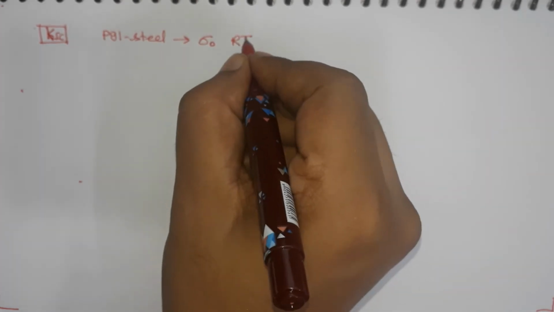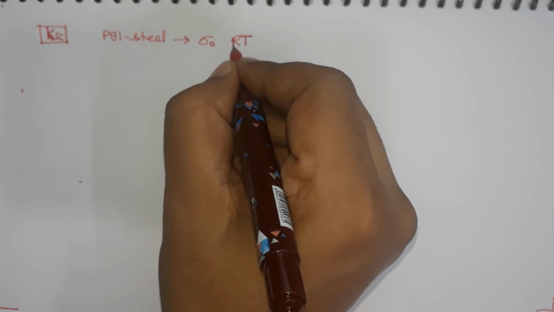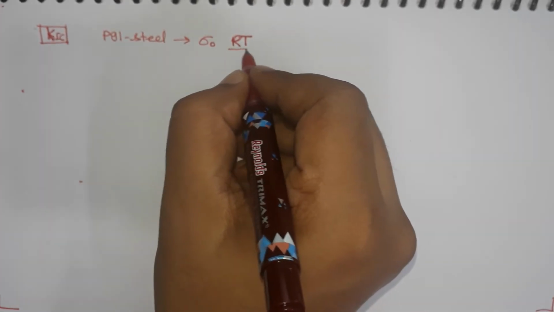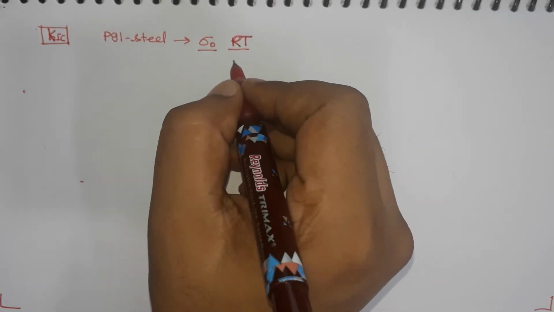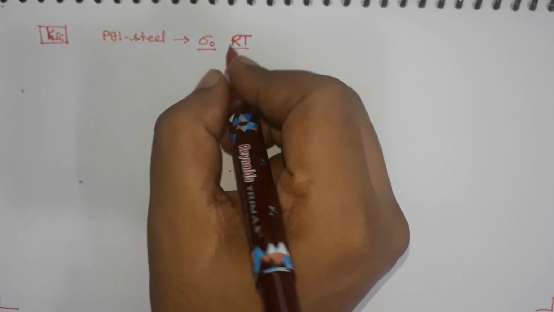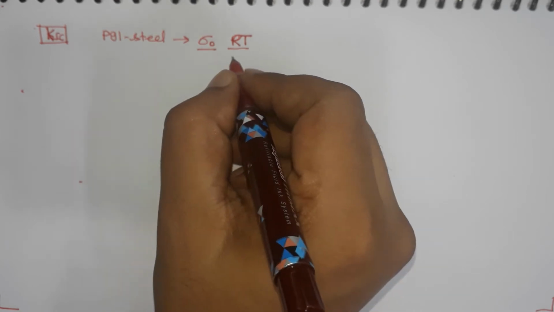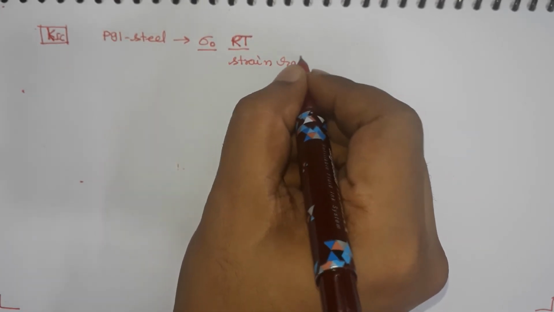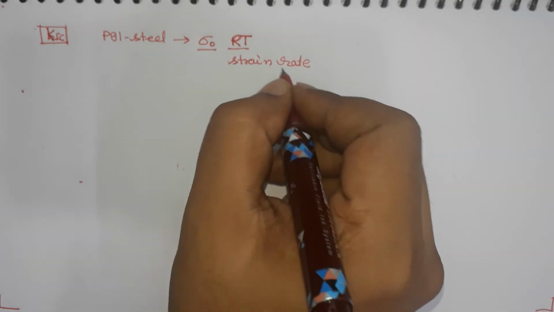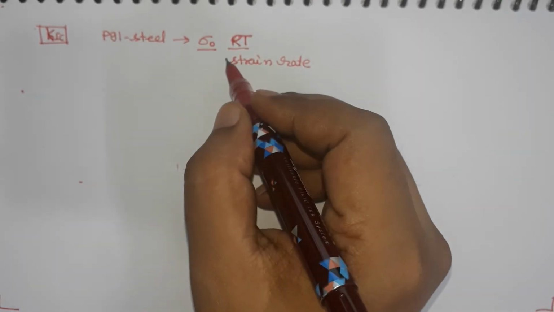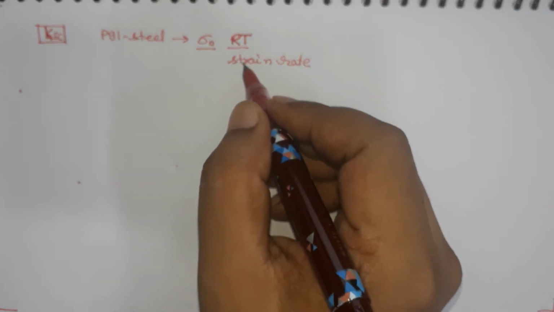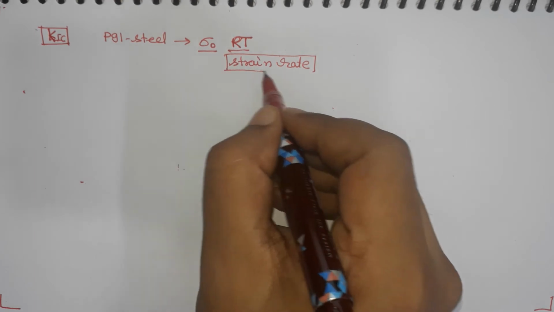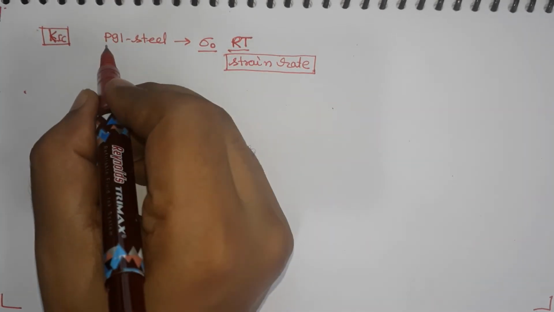Of course, there are some parameters which if you change, these properties will change. So, if you change the temperature, yield strength will change, that we have already discussed and learned. If you change the strain rate, then the yield strength will change. Okay. So, these are the parameters which will be bringing change in the yield strength, but if you fix the temperature and the strain rate, then yield strength is not going to change as long as you are testing P91 steel.